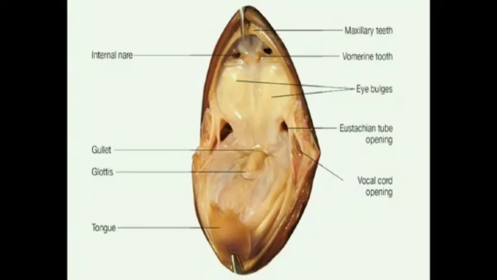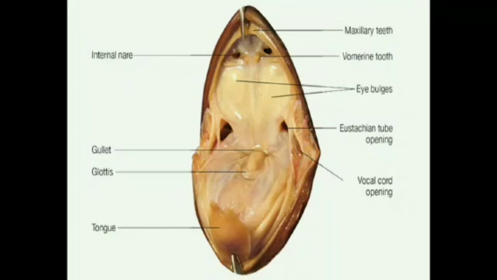See this one. This is the view of the buccopharyngeal cavity of frog. As the name indicates, it is a space in the head which contains buccal cavity and pharynx. Let me tell you, in frog there is no clear-cut demarcation between buccal cavity and pharynx, that is why this cavity is named buccopharyngeal cavity. Buccal cavity is the anterior part and pharynx is the posterior part.